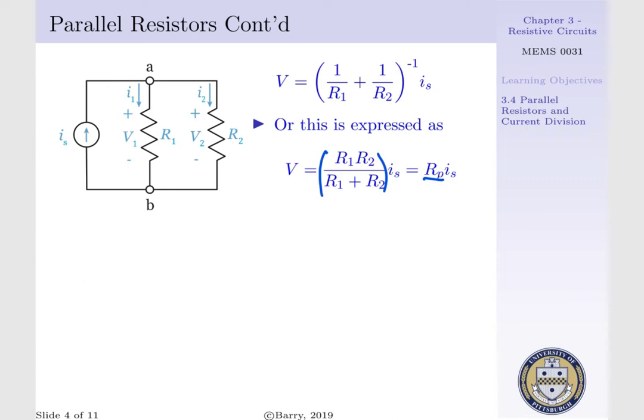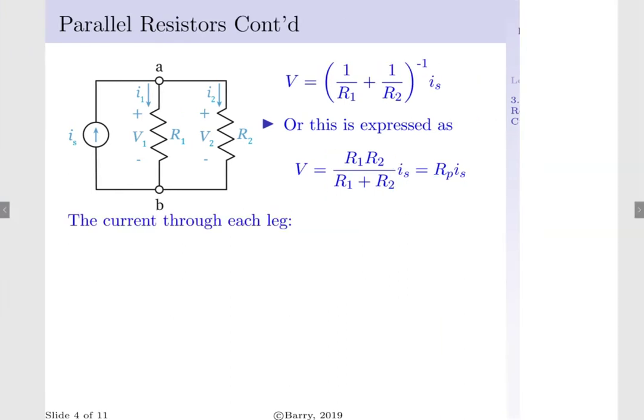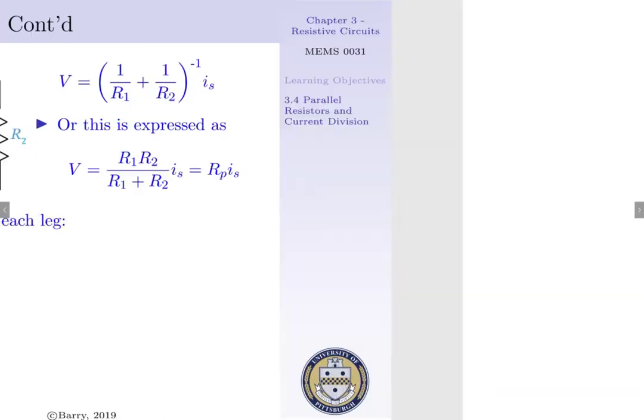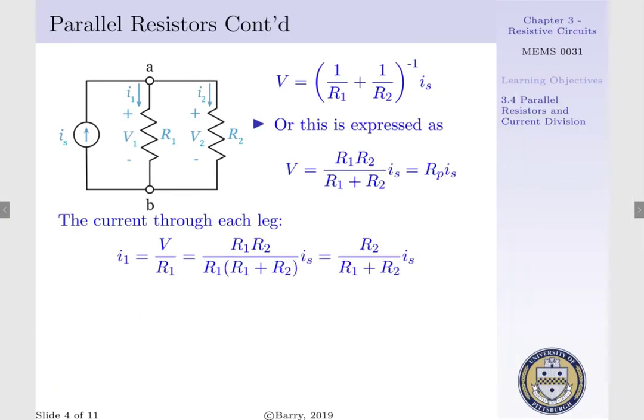Now, to determine the current through each leg, we will go back to Ohm's law, where current I1 would be equal to our voltage potential per R1. Our voltage potential is just found to be R1 times R2 per R1 plus R2 times our source current, and we divide this by R1.